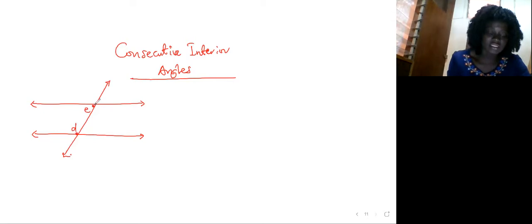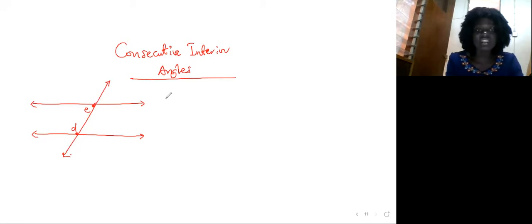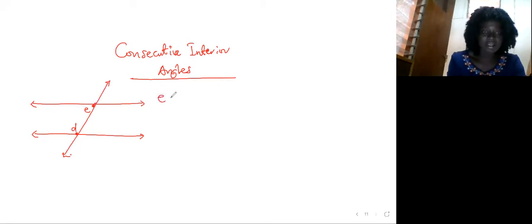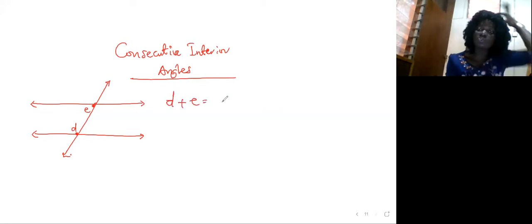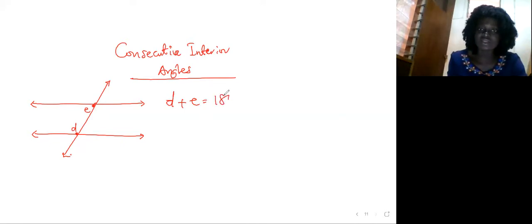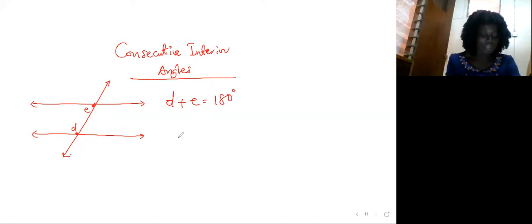E and D. For this, you can say that D plus E is equal to 180 degrees. 180 degrees.